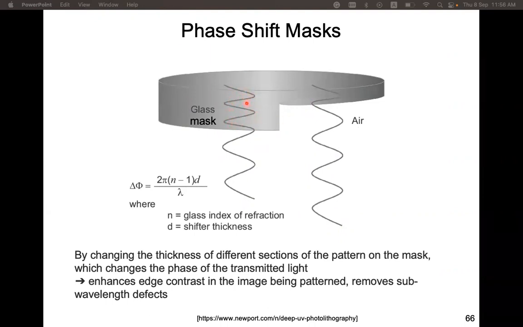The light has shorter wavelengths in the glass, and in the air it has longer wavelengths. So in here we have a thinner layer, a little thicker mask, and this will create phase difference in the light. And people can utilize this phase shift technique to enhance the edge contrast of the image on the photoresist, and remove some of the sub-wavelength effects.